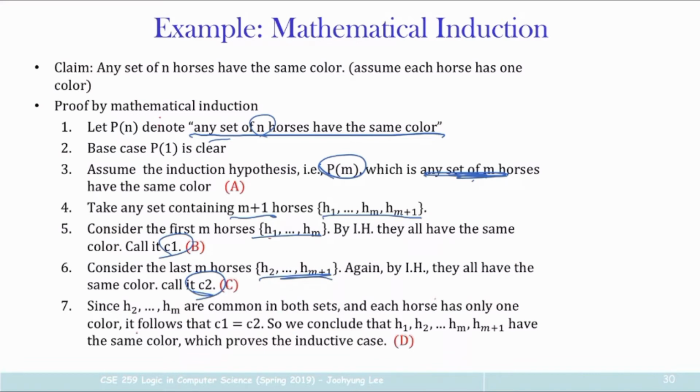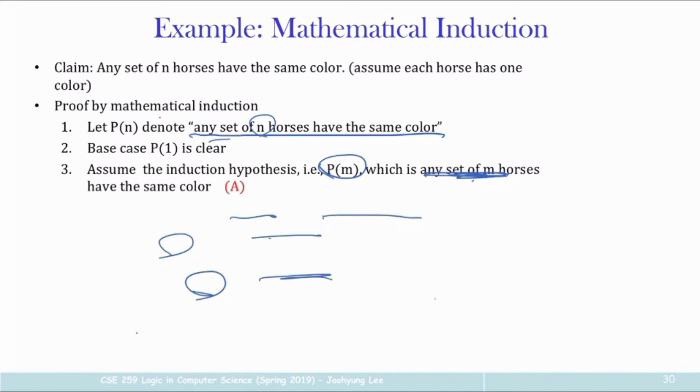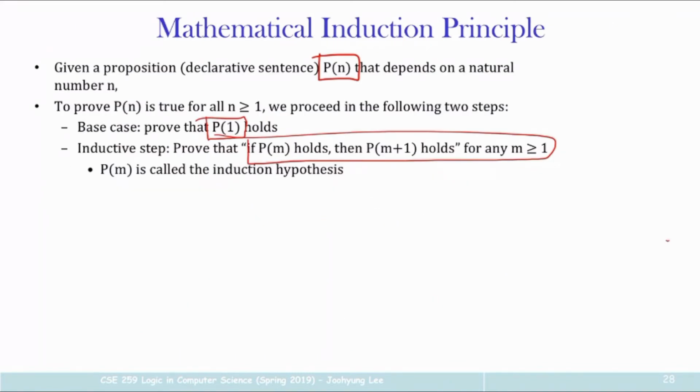I said in the previous slide, don't question the induction hypothesis. This is what you assume to be true. In the previous page, when I talked about it: if P of M holds, then P of M plus 1 holds.